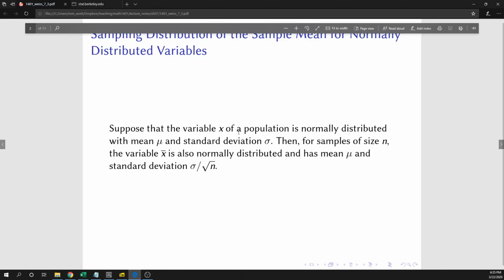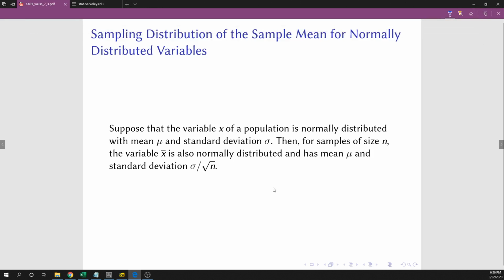So if you have a normally distributed variable, you take samples of size n and look at the sample mean. We talked about last time that that was a random variable and that it had its mean and its standard deviation. But what we didn't mention last time was that it was normally distributed also. So if you start with a normally distributed variable, then the sample mean x bar is also normally distributed.